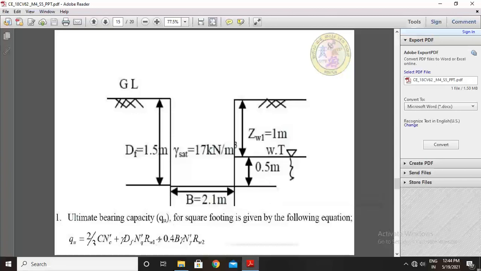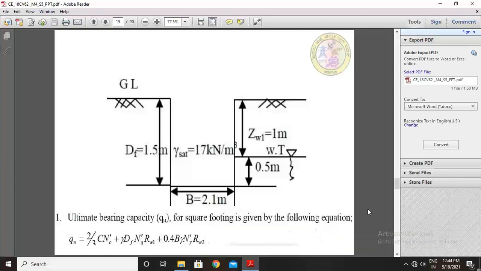Now write the equation once again. Ultimate bearing capacity for square footing is given by the following equation. That is Qu equal to 2/3 C NC dash plus gamma Df NQ dash into Rw1 plus 0.4 times B gamma N gamma dash into Rw2.